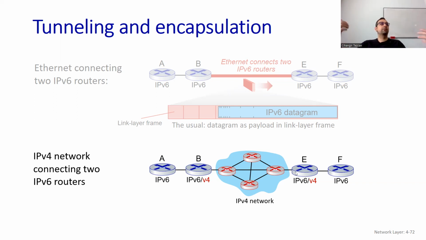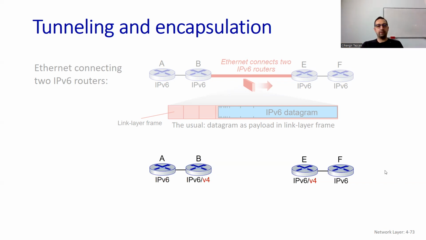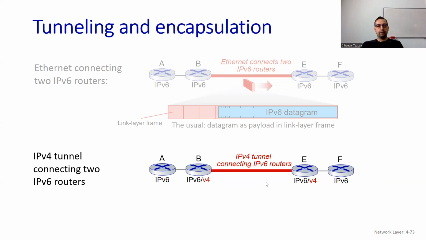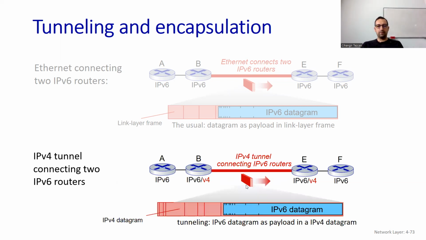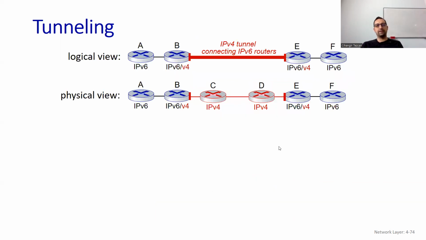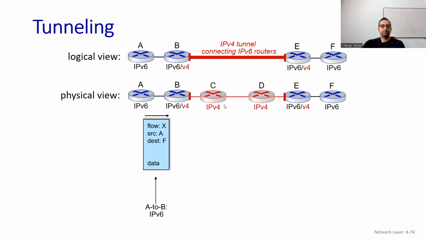After that, that packet will be removed and IP version 6 packets will be sent here. So, this is how the tunneling works. We already mentioned this, so I'm passing this. So, yes, here is a logical view and physical view. Logically, it works as if you have a tunnel here and your version 6 packets reach this version 6 router. But in the physical view, maybe there are IP version 4 routers inside.